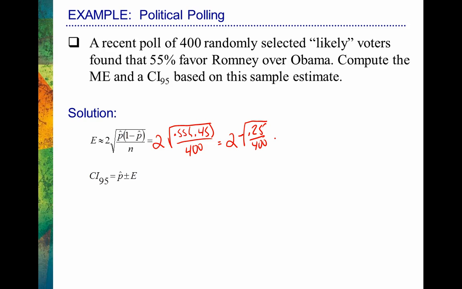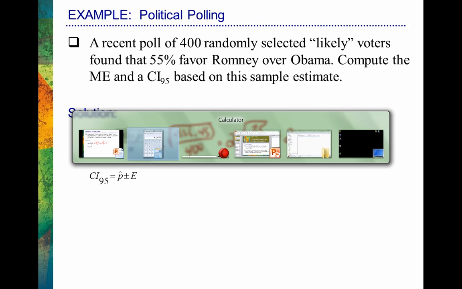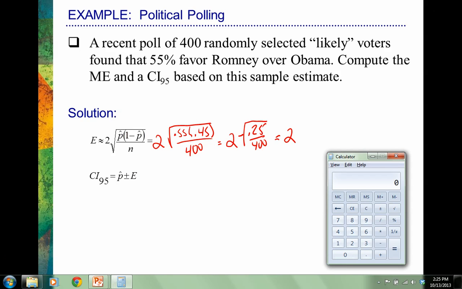Let's see what we get there. In this case, we're going to have 2 times, let's figure out our fraction in here. 0.25 divided by 400 equals 0.00625. Let's just go ahead and take the square root of it real quickly.